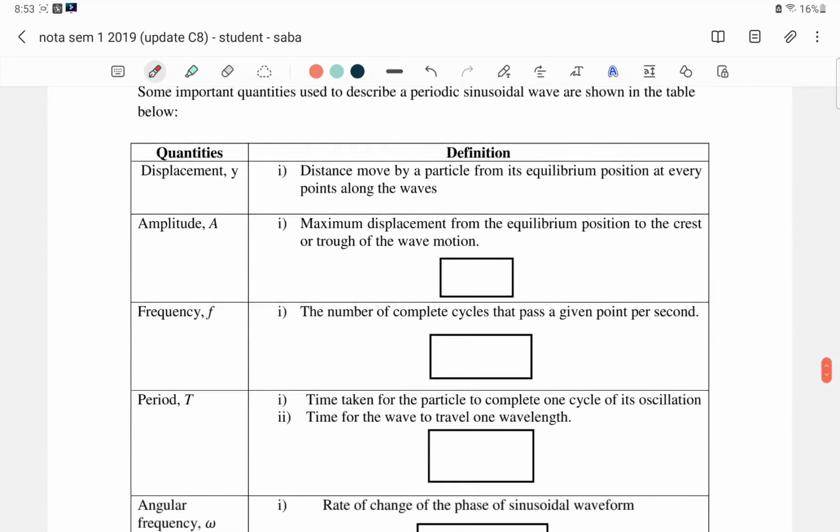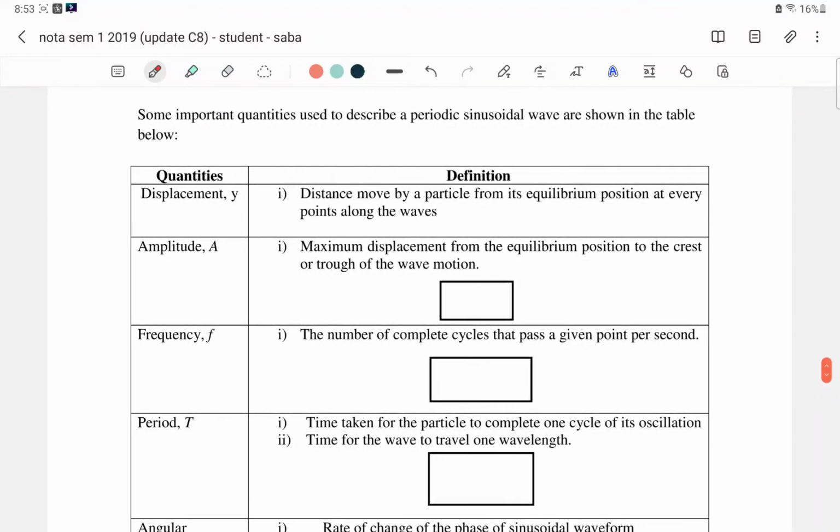Okay, so these are some important quantities to describe a periodic sinusoidal wave. Showing the table, we have displacement. What is displacement? The distance moved by a particle from equilibrium at every point along the wave. And then we have amplitude, which is the maximum displacement from the equilibrium position to the crest or trough of the wave motion. So the symbol is A.